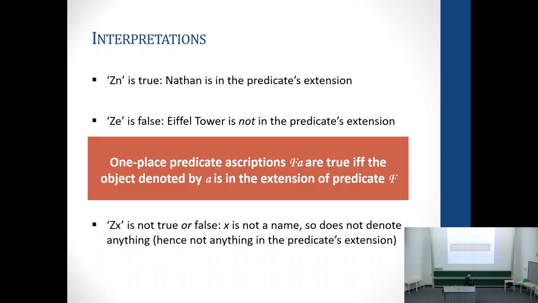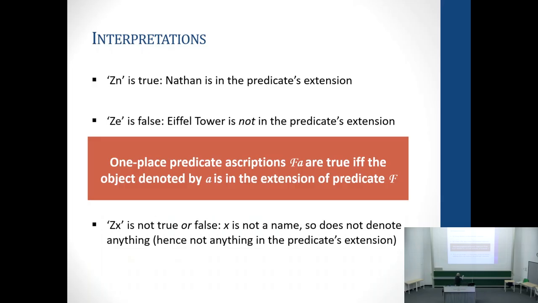But importantly, the lesson here: one-place predications where we have a name as the term are going to be true on a given interpretation if and only if the thing named is in the extension of the predicate. You might know this because the thing is just directly stipulated to be in the extension, or you might know it because you have to go out and look to see, does the object named have the property expressed if we're fixing extensions indirectly.